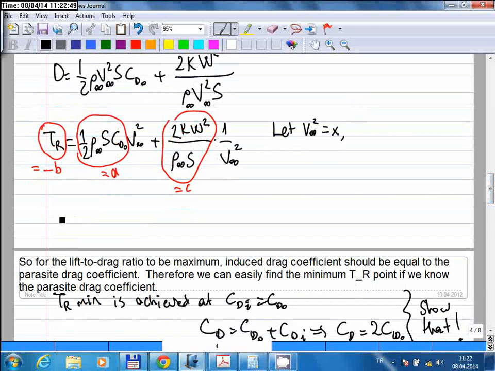If I do that, I can write this equation again as minus B is equal to A times X plus C over X, right? If I multiply this equation by X, that will give me AX squared plus BX plus C is equal to 0, right?